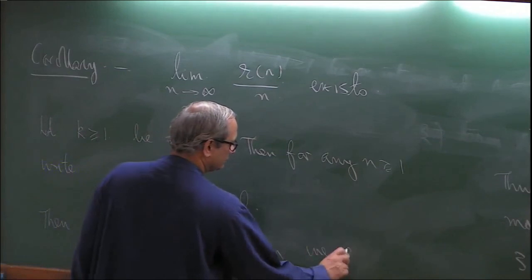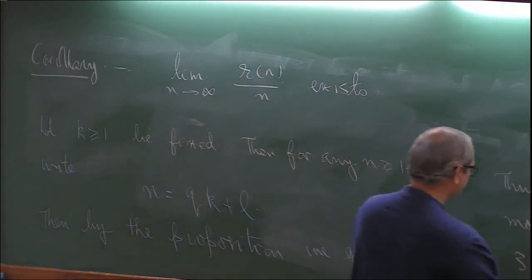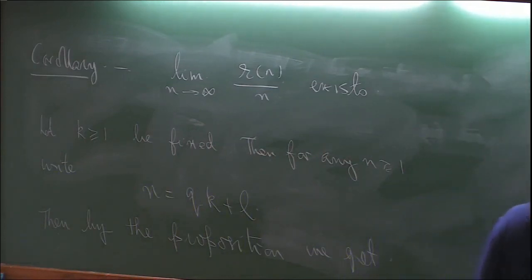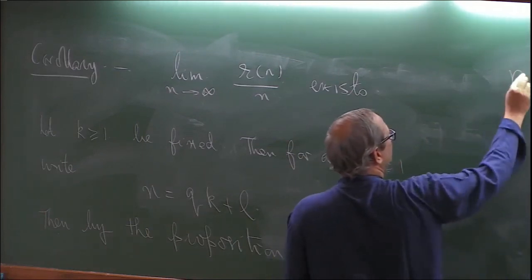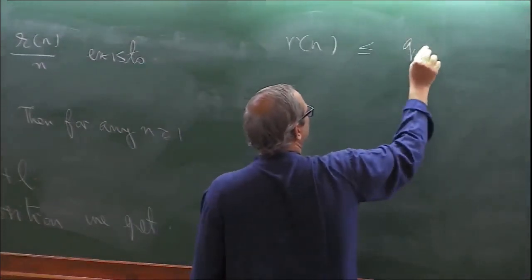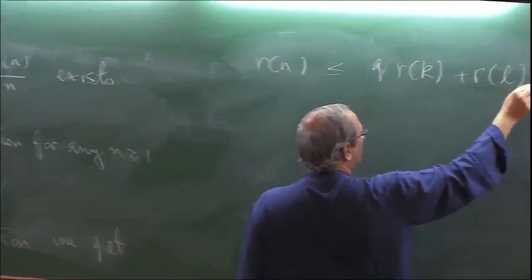We get R of n is less than or equal to q times R of k plus R of L, right?